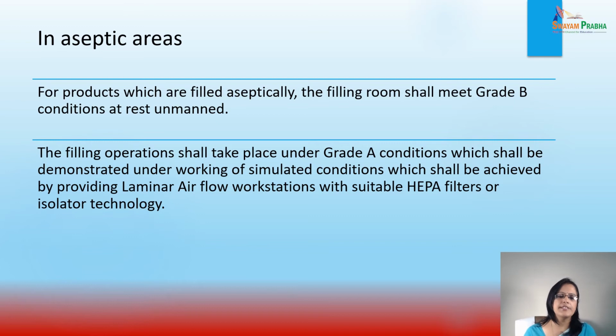The filling operations shall take place under grade A condition, which shall be demonstrated under working conditions, and achieved by providing a laminar air flow workstation with suitable HEPA filters. So these two things are very important, laminar airflow and HEPA filters in the aseptic area, and we are discussing here the air control system, basically the guidelines provided for air control system for parenteral preparations, right?